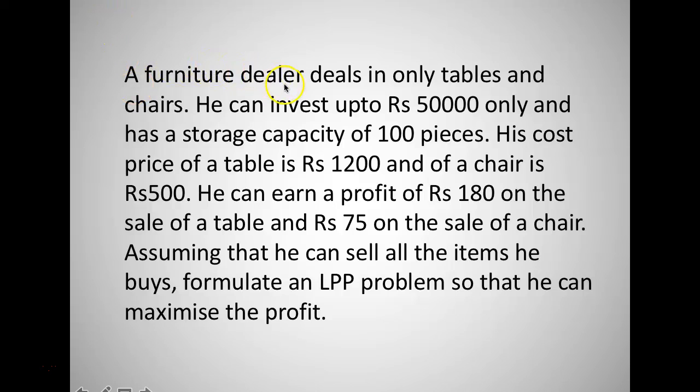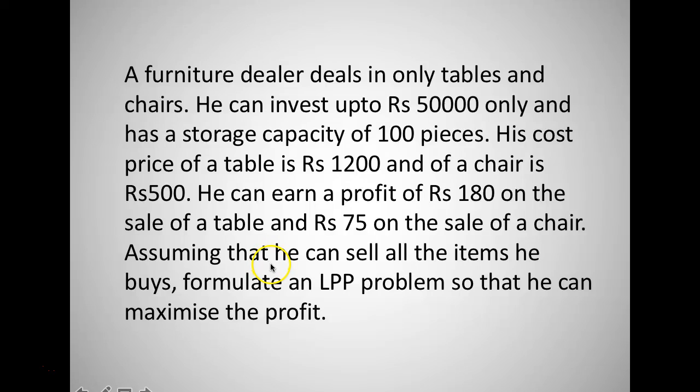A furniture dealer deals in only tables and chairs. He can invest up to rupees 50,000 only and has a storage capacity of 100 pieces. His cost price of a table is rupees 1,200 and of a chair is rupees 500. He can earn a profit of rupees 180 on the sale of a table and rupees 75 on the sale of a chair.